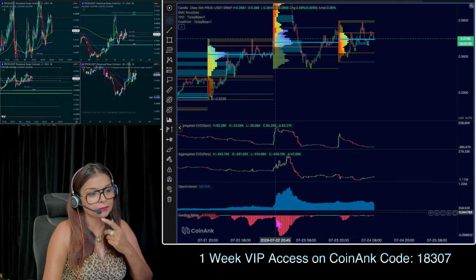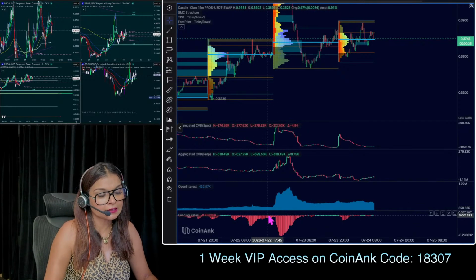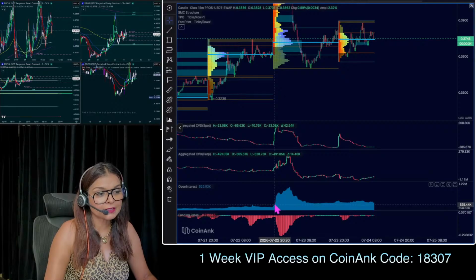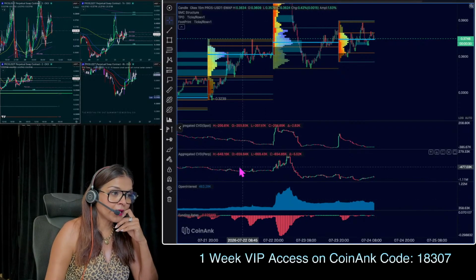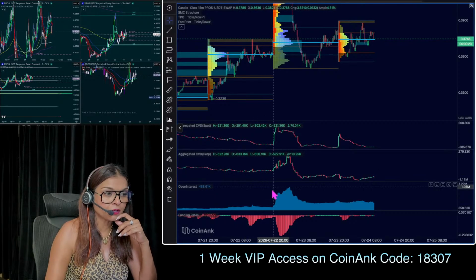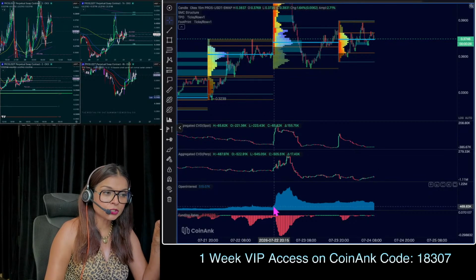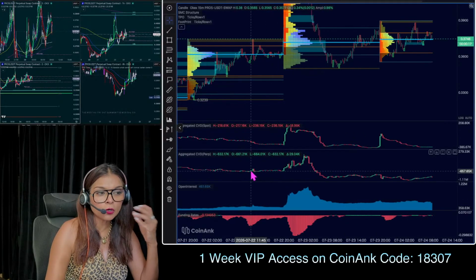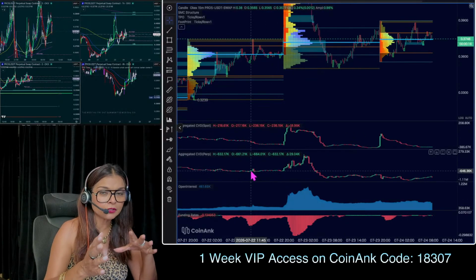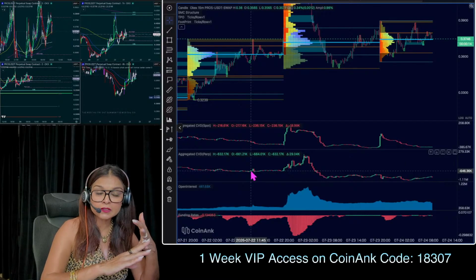And here's a great example. When you see extended funding rate with a spike in open interest, and here you see open interest and CVD perp opening, you use open interest with your CVD, your cumulative volume delta. Open interest going up won't tell you if longs or shorts are opening.